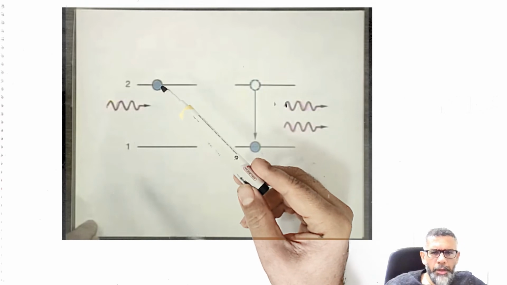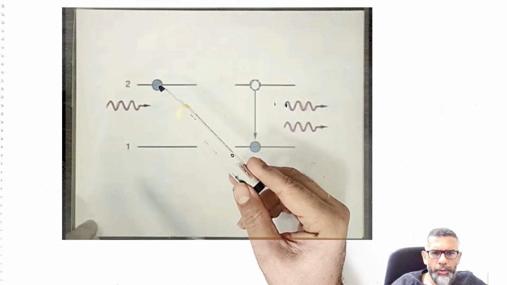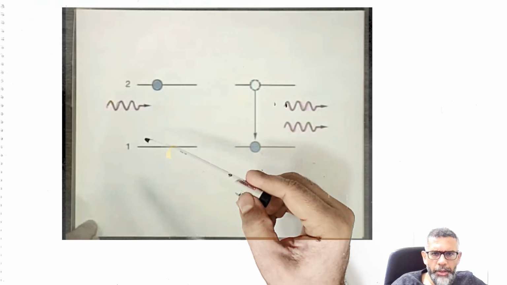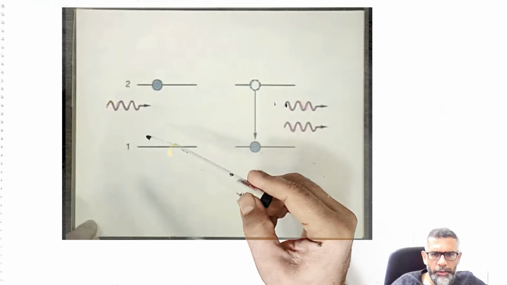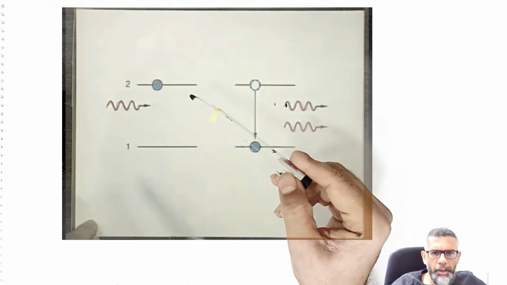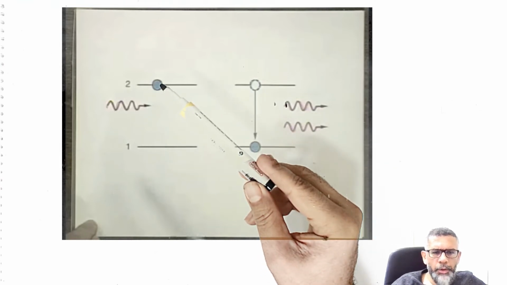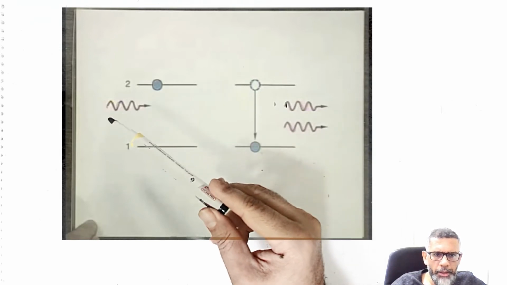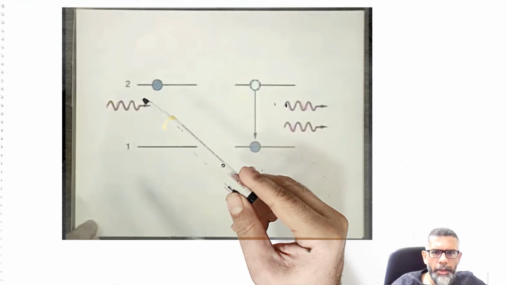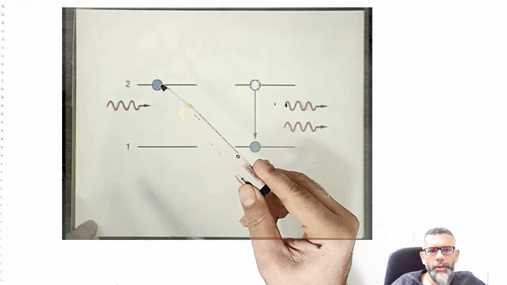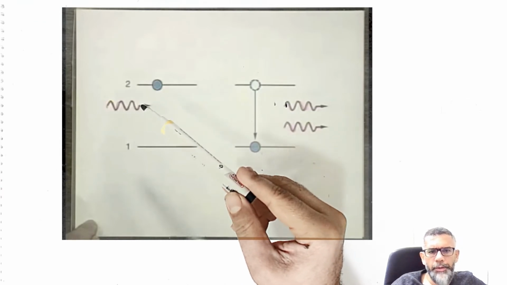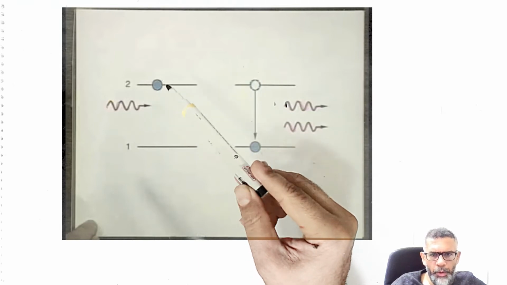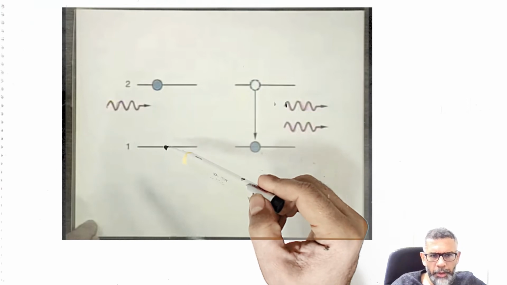Rather, whenever that electron sees an incoming photon that matches the energy difference between its excited level and the ground state level, it is forced to go down immediately. Even if it had waited a longer time, whenever it sees this photon coming, it is pushed down to the ground state.